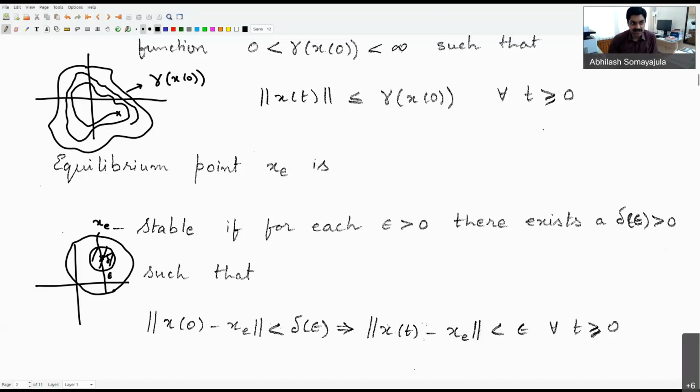Suppose I want to keep my solutions under this ball of epsilon; the idea is I can find a smaller ball delta, which may depend on epsilon, such that as long as I start inside of that ball, my solution stays inside this bigger ball. That is the concept of stability. Is that making sense for everyone?